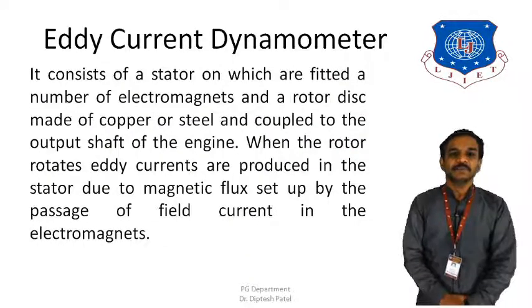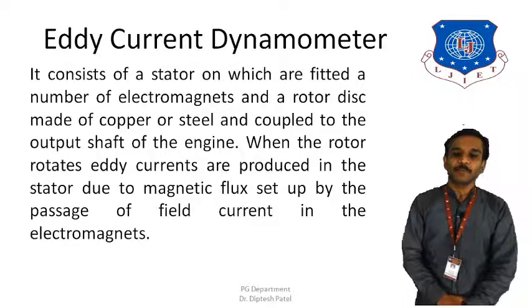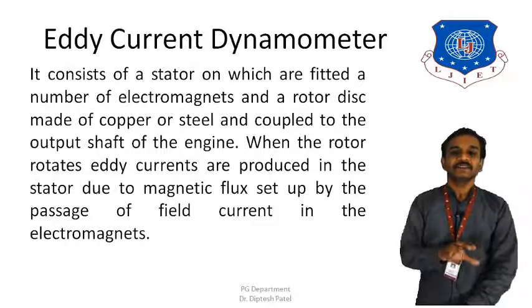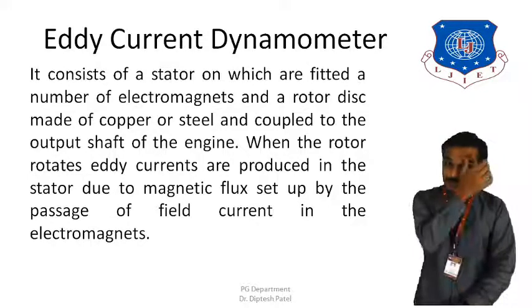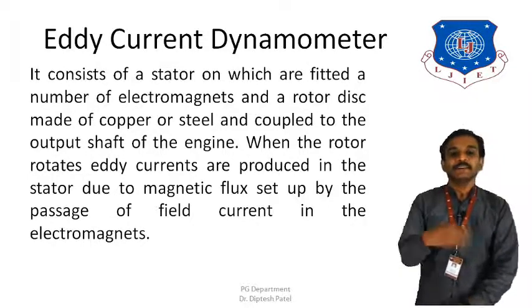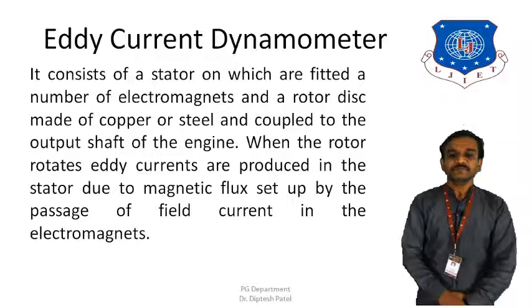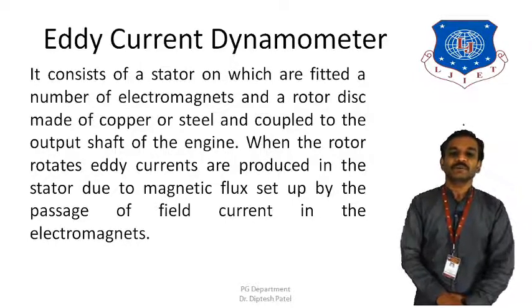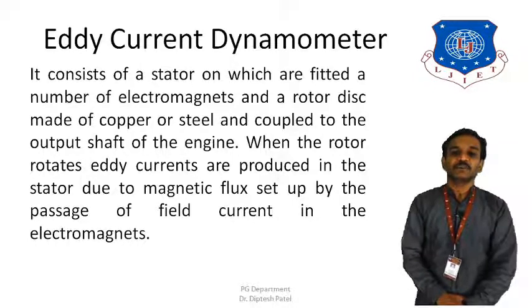The stator has a number of electromagnets on it, and a rotor disc that is mostly made of copper or steel, and this rotor disc is connected with the output shaft of the engine. When the engine starts rotating, it rotates the rotor as well.